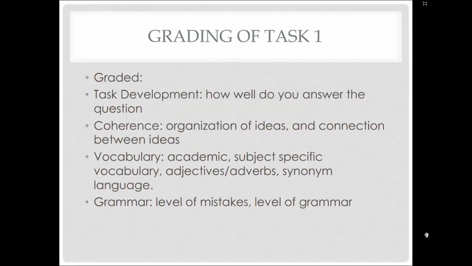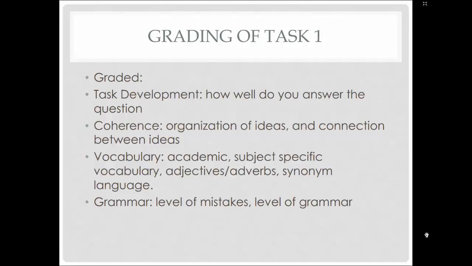Now, how are you graded? I'm going to go into grading a little bit more in another lecture when I go over the grading chart for writing task number one. But in general, you're graded on your task development, which is how well do you answer the question. You're graded on your coherence, which deals with the organization of your ideas and the connections between your ideas.